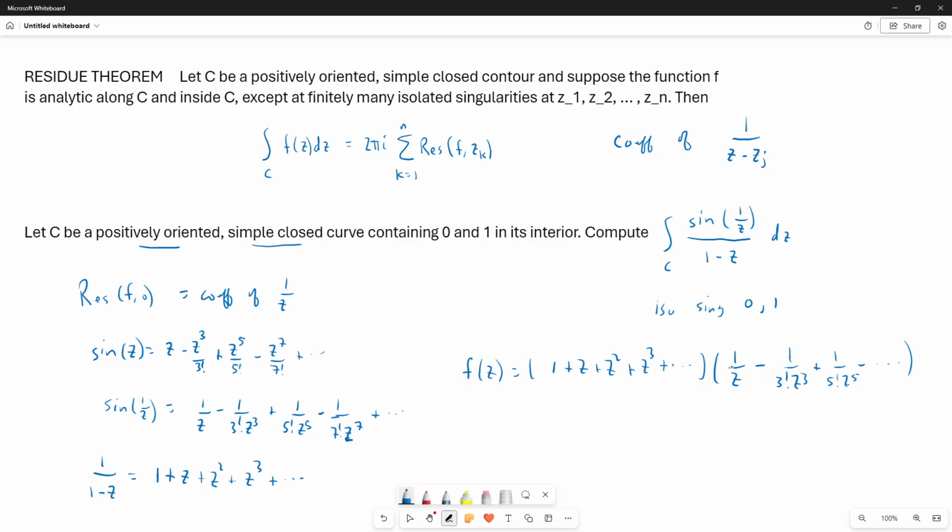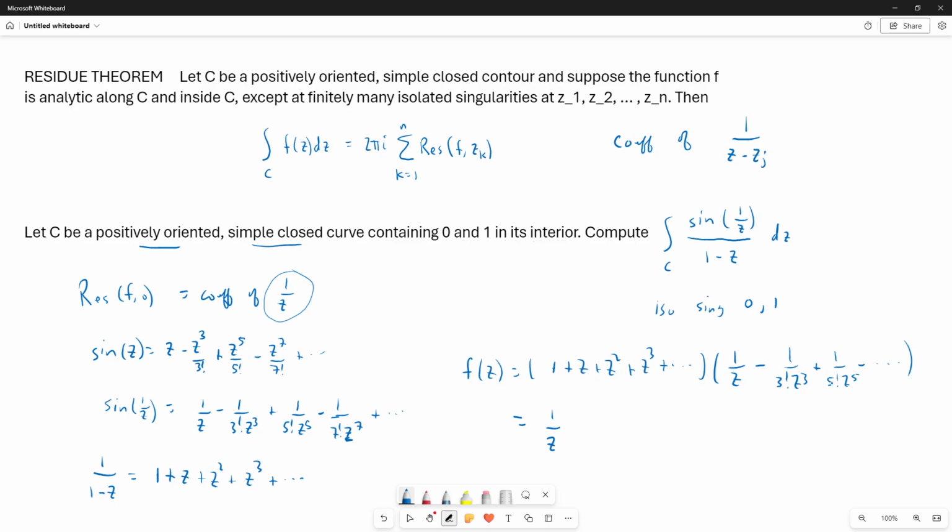We don't have to find all the terms. We just want the coefficient of 1 over z. So which products here will give us 1 over z's? 1 times 1 over z will give us a 1 over z.